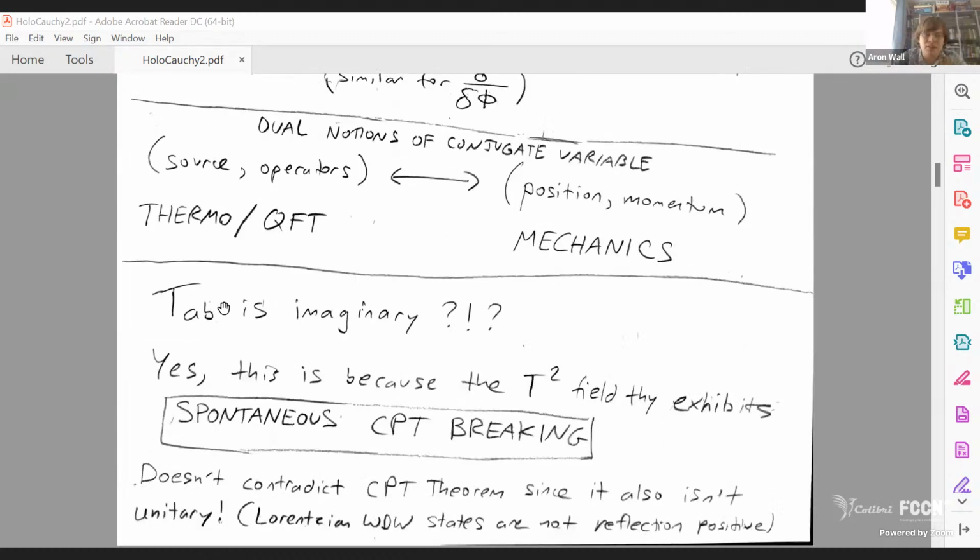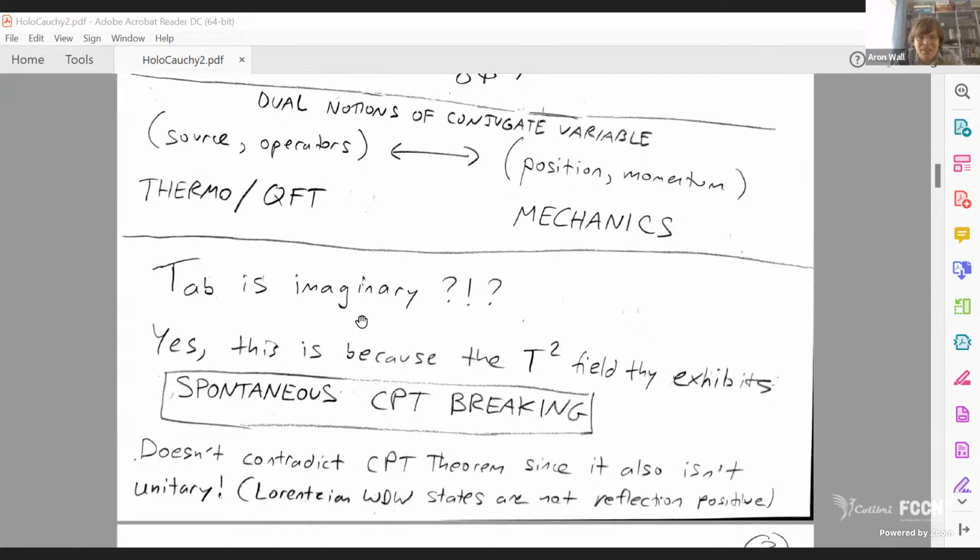Now, the fact that the stress tensor is imaginary when our Cauchy slice is embedded in Lorentzian signature, that should be disturbing at first. It turns out it's a necessary feature of any Cauchy slice holography theory. Fundamentally, I'll show you the geometry of this in a minute.